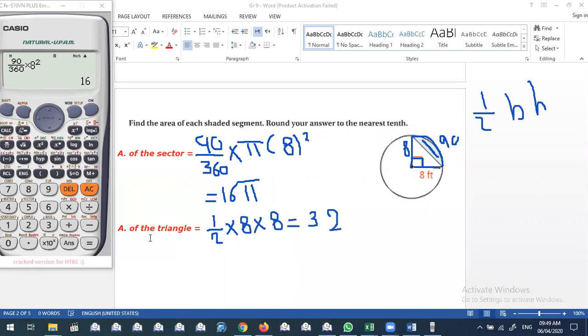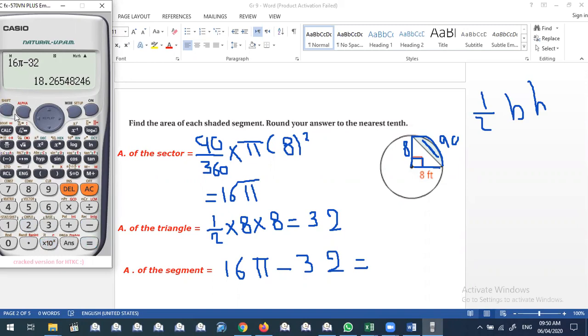Now, the last step, the area of the segment equals area of sector minus area of the triangle, like that. 16 pi minus 32, approximately 18.3.